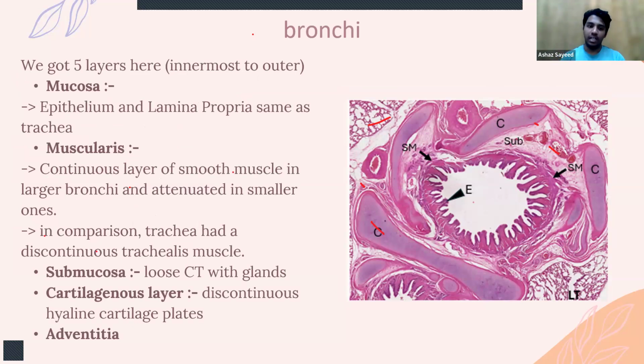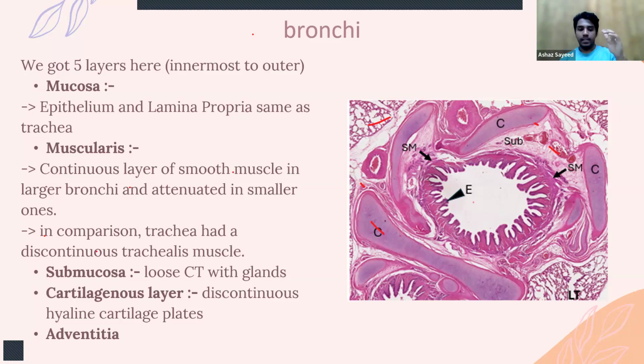Muscularis is the fifth layer, because the trachea had 4 layers: mucosa, submucosa, cartilaginous layer, and adventitia. In bronchi we have 5 layers. The mucosa is the same, but the smooth muscle, instead of being one trachealis muscle, now surrounds the whole thing, forming its own layer. So under the mucosa, you now have the muscularis layer.